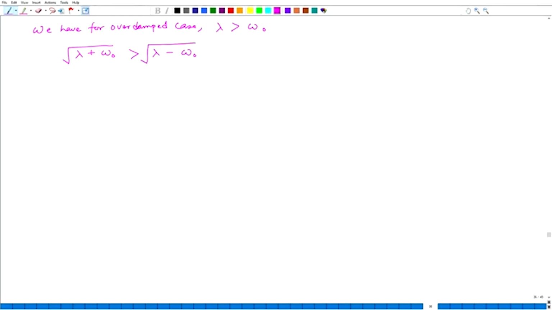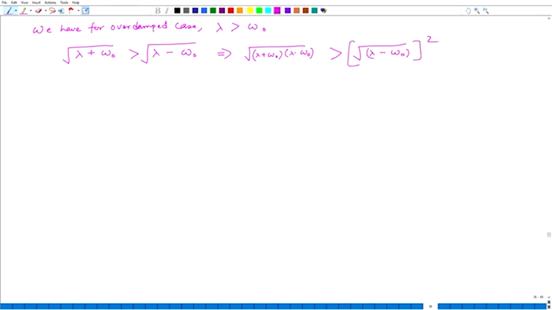Now, I multiply both sides by root over lambda minus omega 0. So, on this side you will have root over lambda plus omega 0 times lambda minus omega 0, which is greater than lambda minus omega 0 whole square.